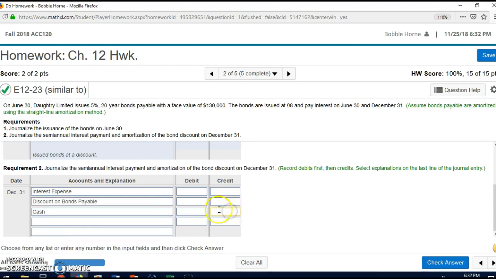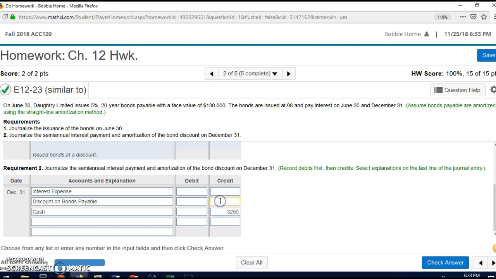So to calculate the cash payment, you take the principal, which is the face value of 130,000, times the rate, which is the 5% stated rate, times the time. And this is semi-annual, so that's every 6 months, so 6 divided by 12. So we're going to pay $3,250 in cash.